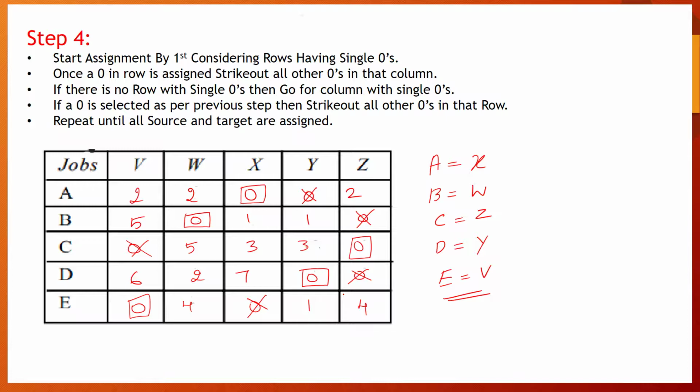If you find a single 0 in a column, box that 0 and strike out all the zeros in that row. Similarly, continue until the number of zeros boxed equals the size of the matrix, so that all the jobs are assigned to all the machines. In this particular problem, they have asked us to just do the assignment. So this is the end of the problem.